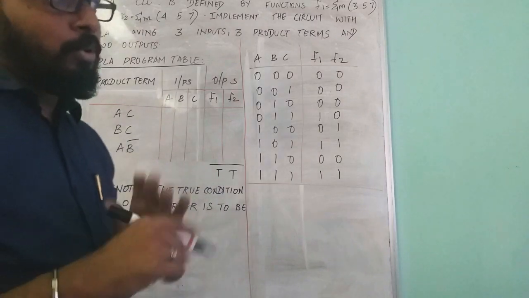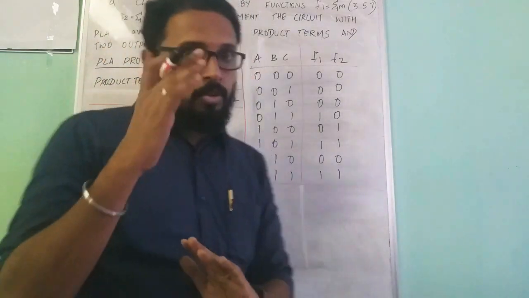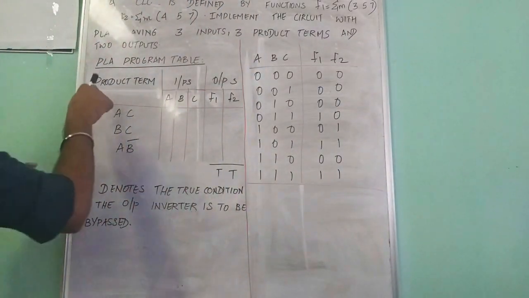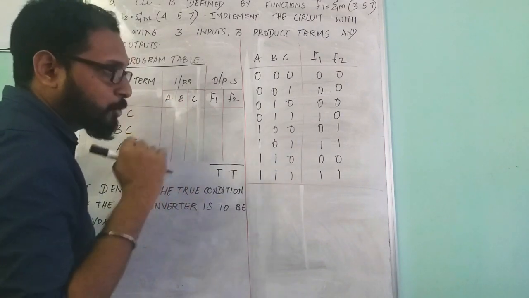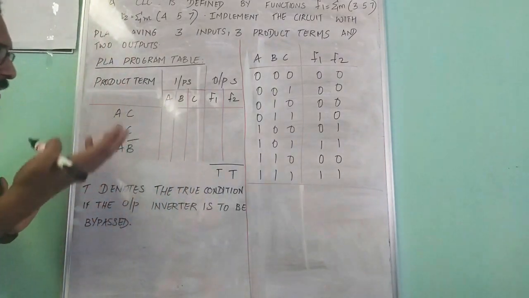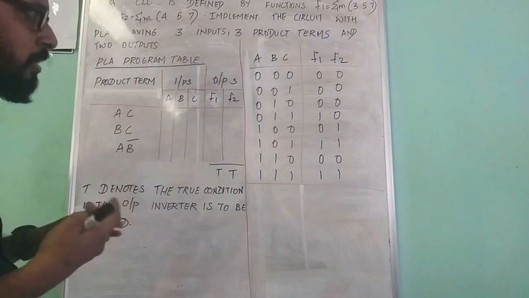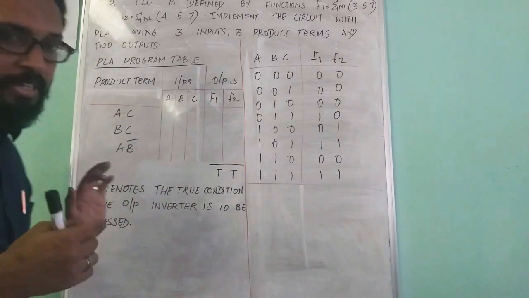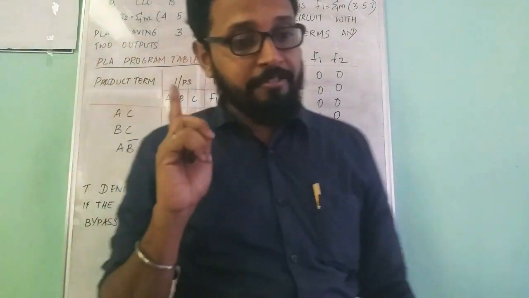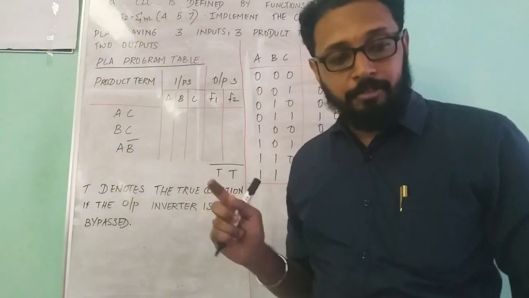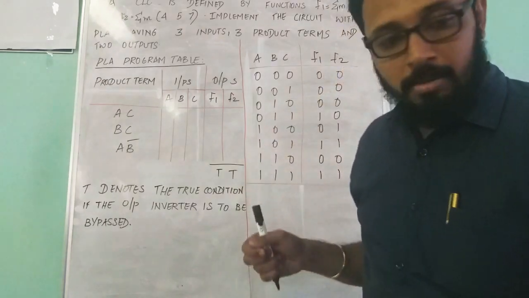Okay. In the PLA program table, what we do initially is we need to find the product terms in those expressions. In the above expressions we have found AC repeating. The answer was F1 is equal to AC plus BC and F2 is equal to A bar B plus AC.